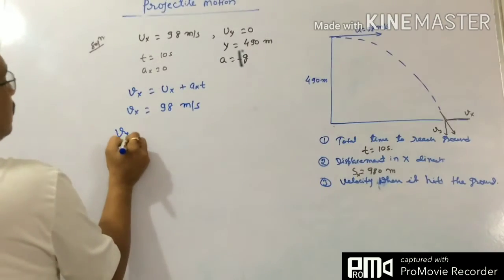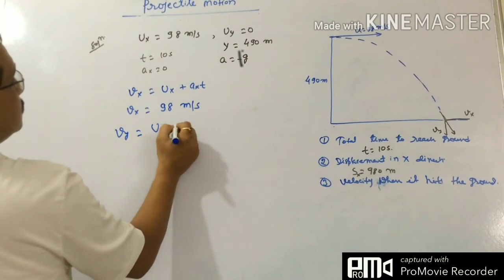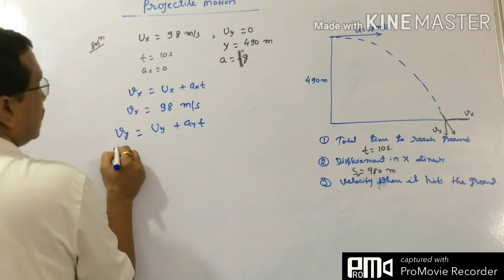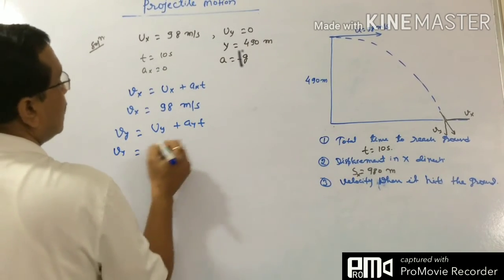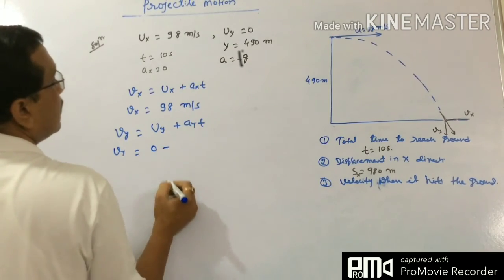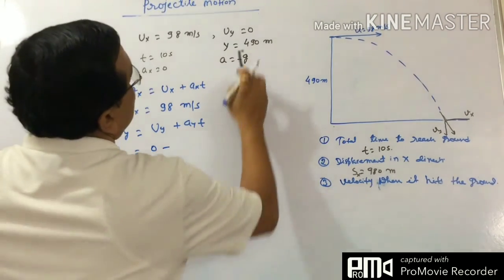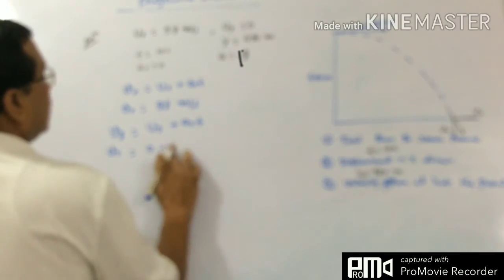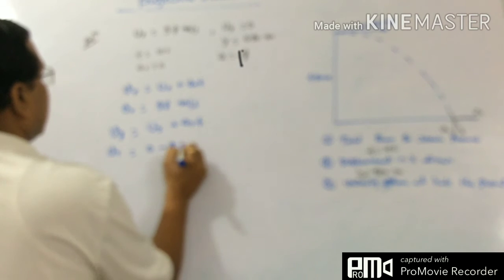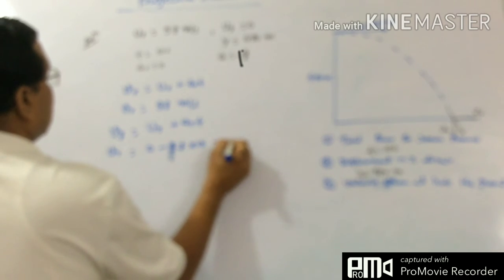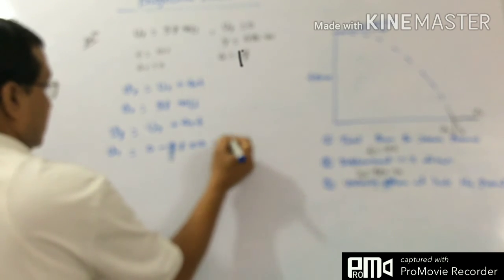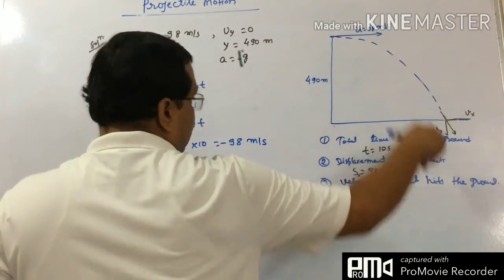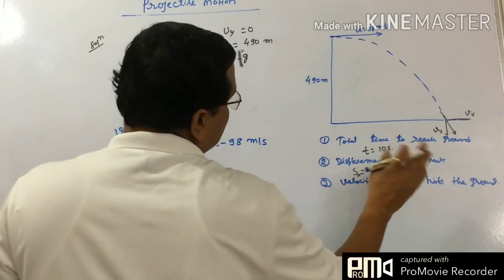If we write vy equals uy plus ay into t, vy equals 0 plus ay, which is minus g. So g is 9.8 meter per second square into t is 10, so it is minus 98 meter per second. The minus sign shows that the motion is in the opposite direction.